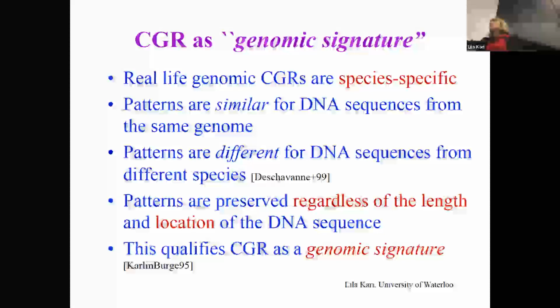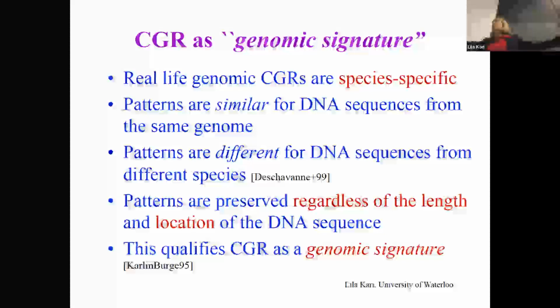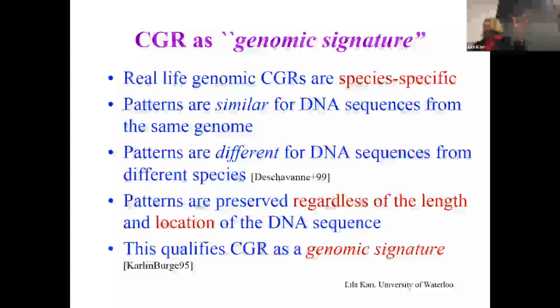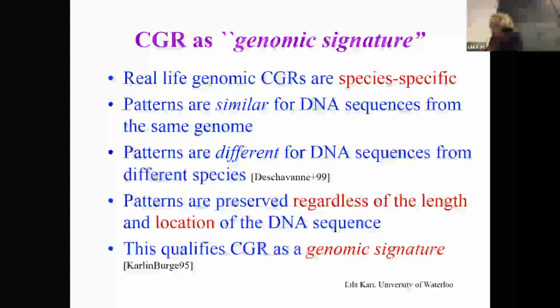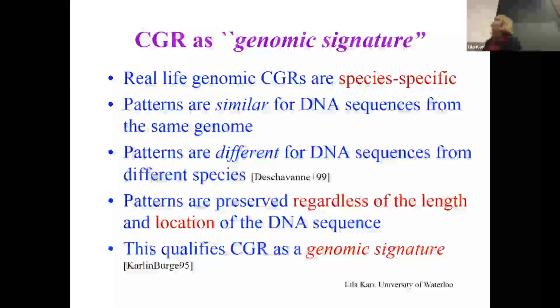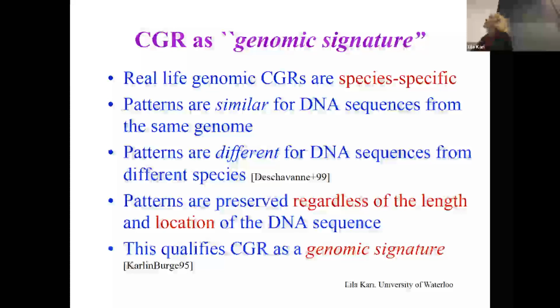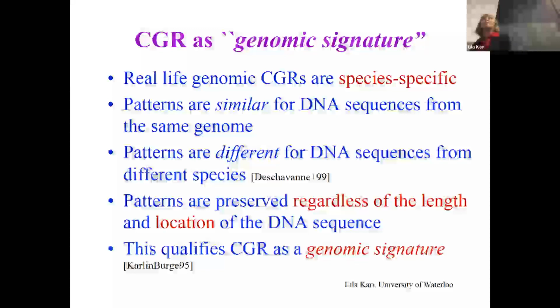The human genome is around 3 billion base pairs, right? It doesn't matter where you take your sequence. It's a different sequence, but if you plot it, it's a similar pattern. Along the genome, the picture looks the same. And this happens for any organism, not only for human. And moreover, the patterns are different, sometimes visually different, if you take DNA sequences from different species.